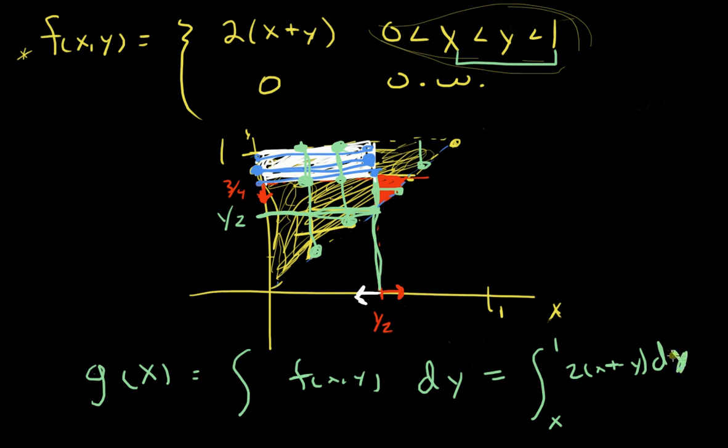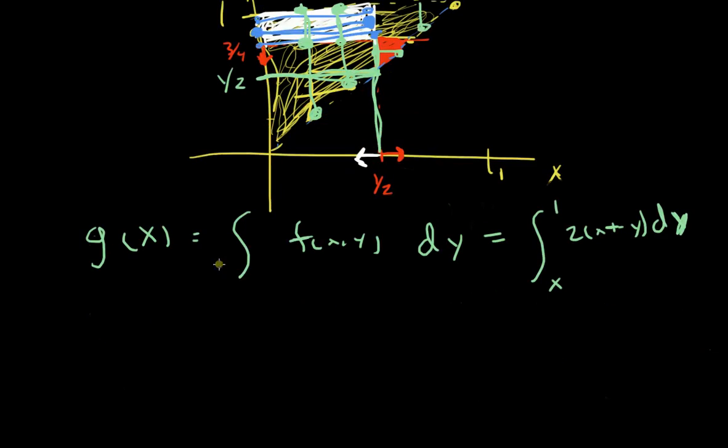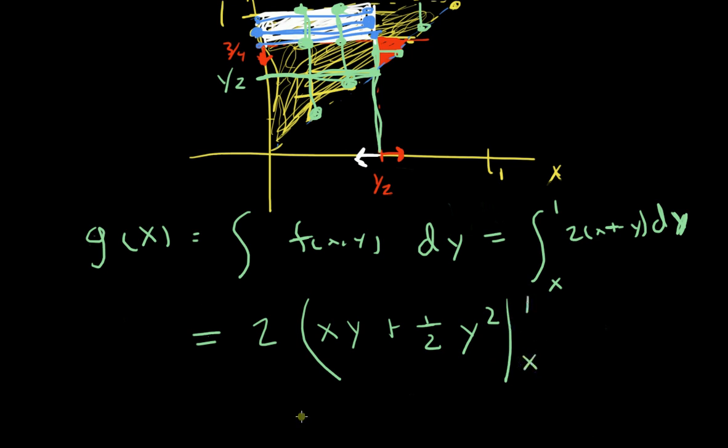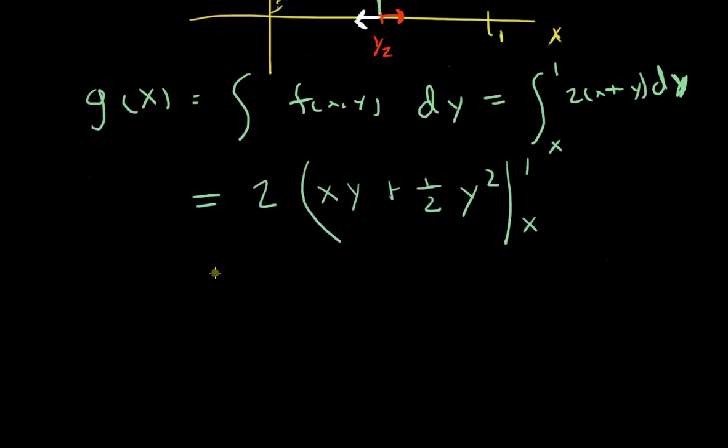Okay? So actually, let me go ahead and do this integral so we can talk about this. So this would be, I'll pull the 2 out front. I'll have x, y plus 1/2 y squared evaluated from x to 1. So what do I have?